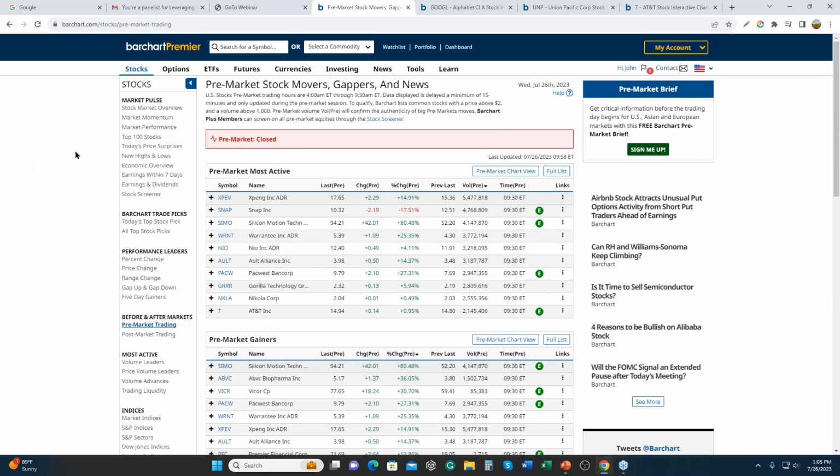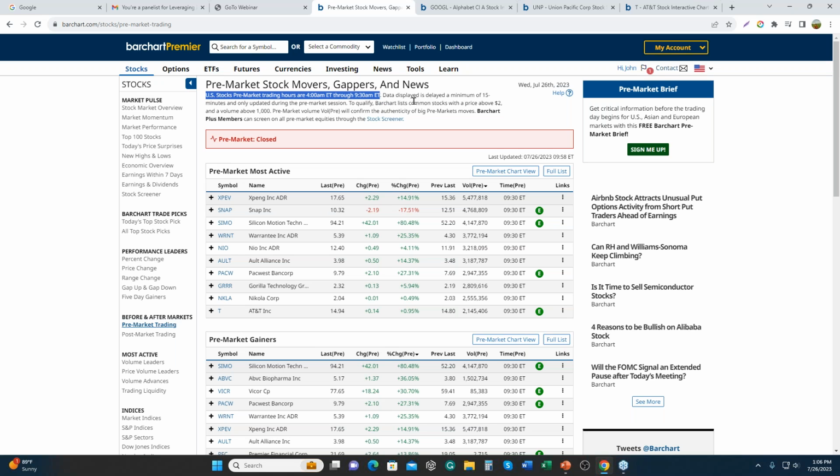Now, what consists of pre-market activity? We're looking at US stocks that trade between 4 a.m. Eastern Time to just at the beginning of the opening bell at 9:30 Eastern Time. Notice that the data is slightly delayed, and on this page there are a couple of disqualifiers in the screening process.